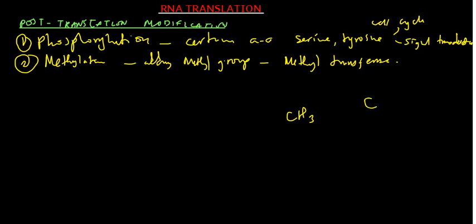Whenever we see a bond between carbon and hydrogen, this is non-polar. Because this is a non-polar molecule, it is water hating, and that is why it increases hydrophobic nature. Alright. This is what we need to understand about methylation, and we can do more research and dig deeper into details.